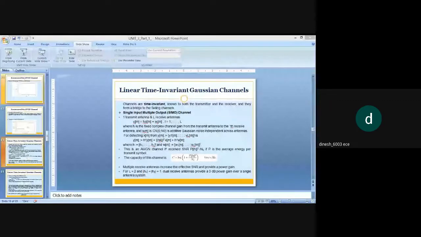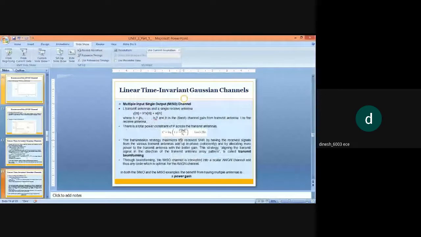Next is the multiple input, single output. So there are L transmitting antennas and a single receiving antenna, which would be the reverse of the single input multiple output.